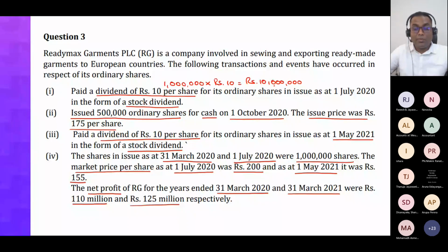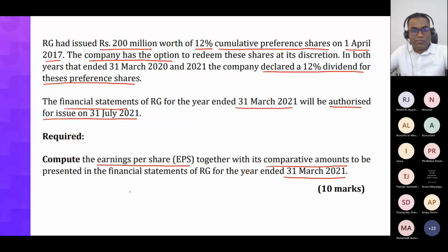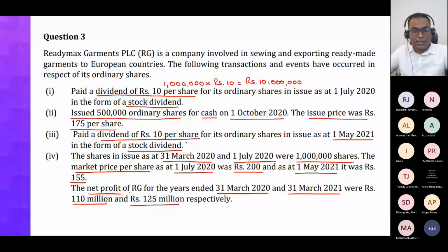To decide how many shares have been issued, you should know the share price on 1st July 2020. So what is the share price on 1st July 2020? Where do we have that information? Over here, if you look at the Roman number 4, the second line, market price per share on 1st July 2020, 200 rupees.